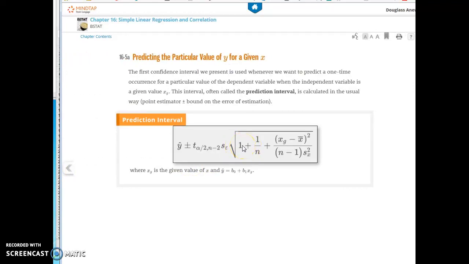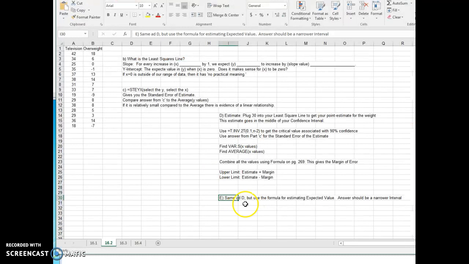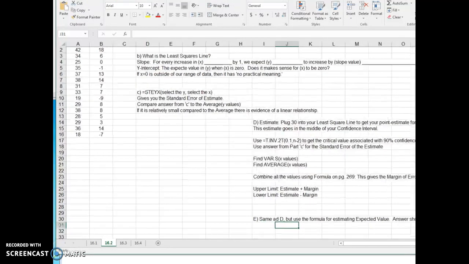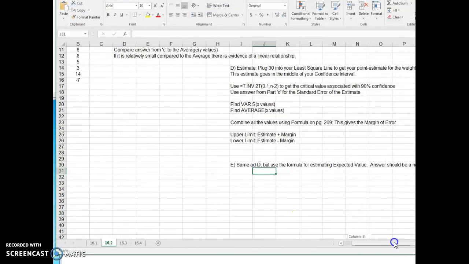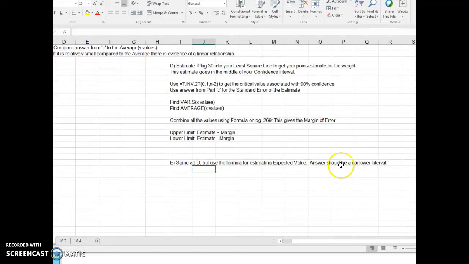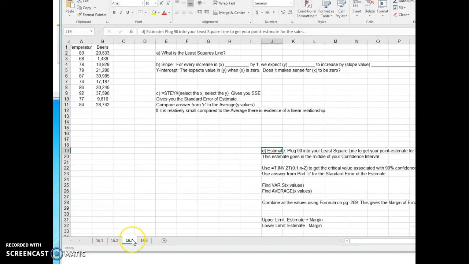And what that does is it's going to make a smaller value because you're not adding that 1 in there. And so I've made a note of that here. What I wrote, your answer should be a narrower interval, because when we're finding a confidence interval for a mean, we have more data we're working with. The mean should be more precise, so we end up with a narrower interval if we use that correct formula and don't have the 1 plus in there.